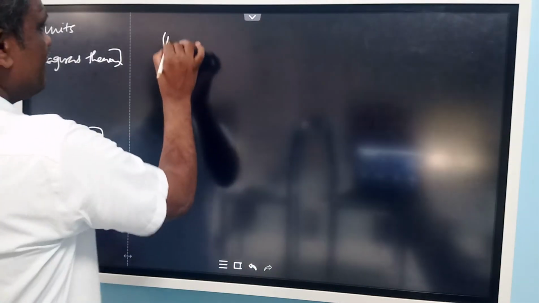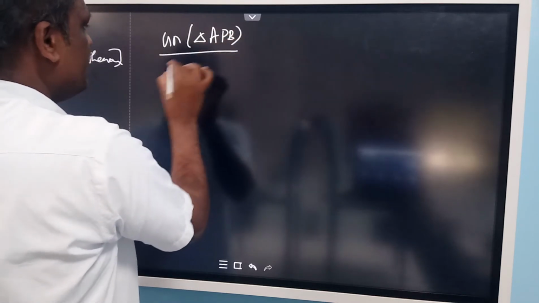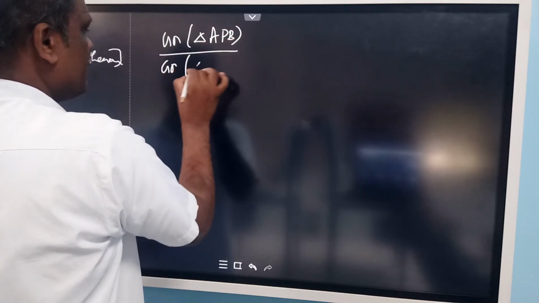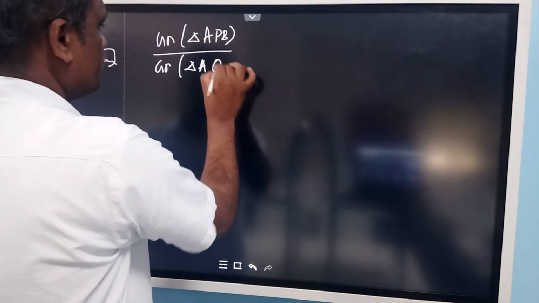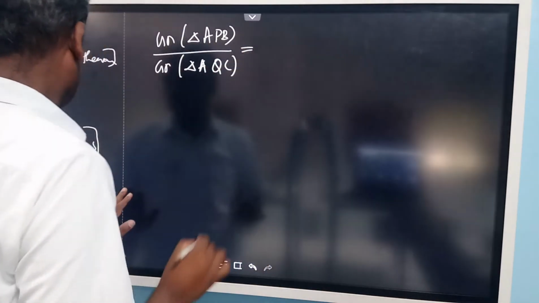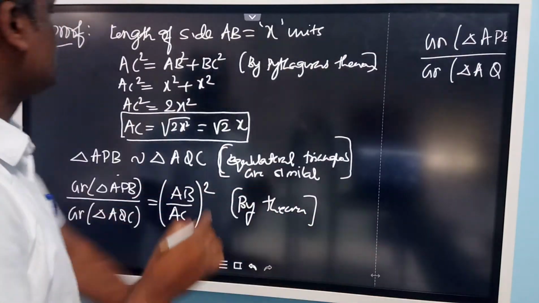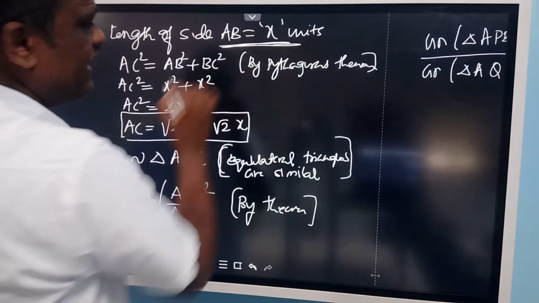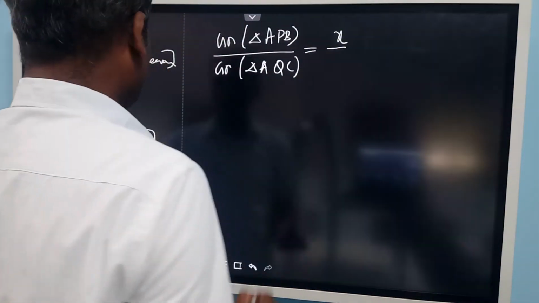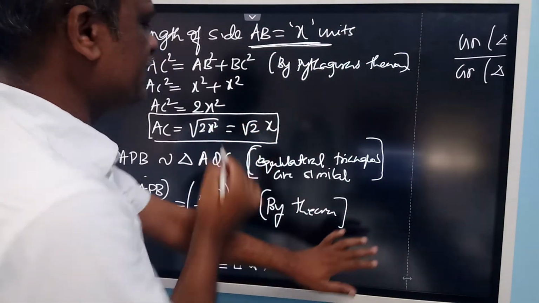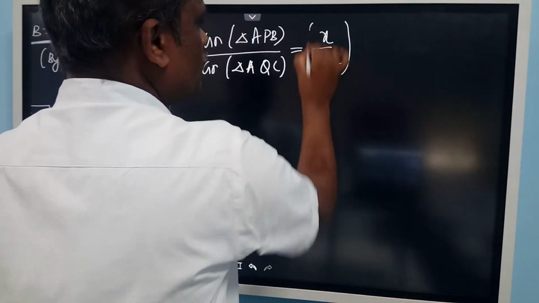Now again I write area of triangle APB by area of triangle AQC is equal to, we have AB and AC. What is the length AB we have taken? That is x units. So here you can write x divided by AC, which we calculated as root 2x, so root 2x, whole square.